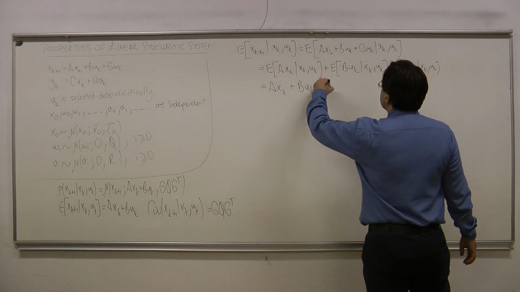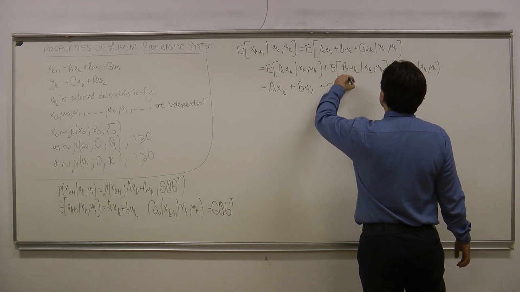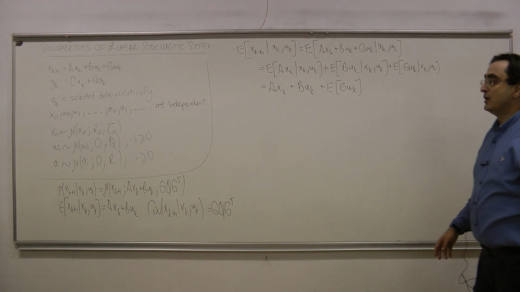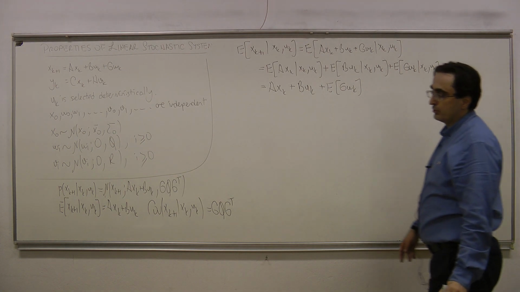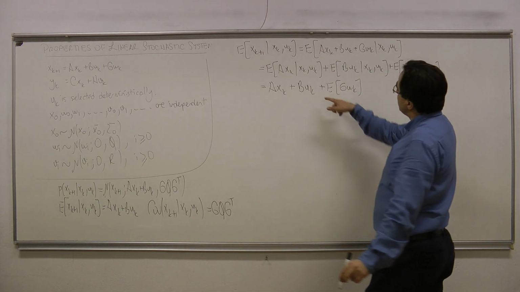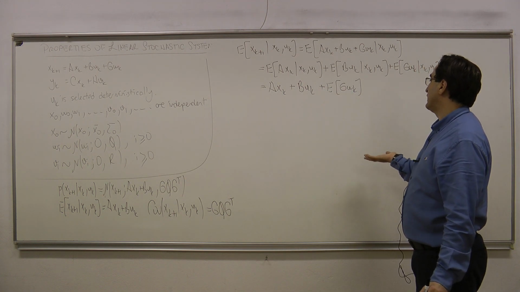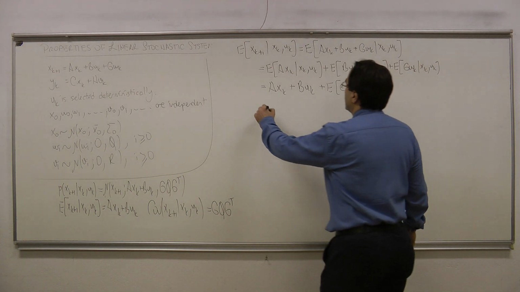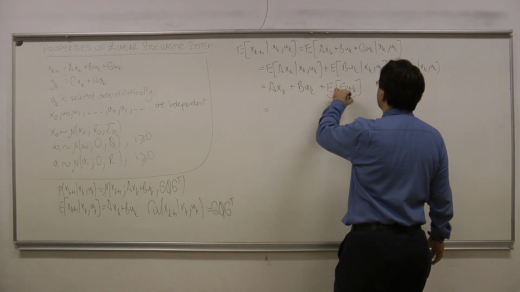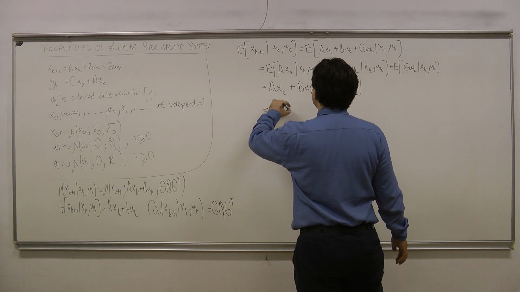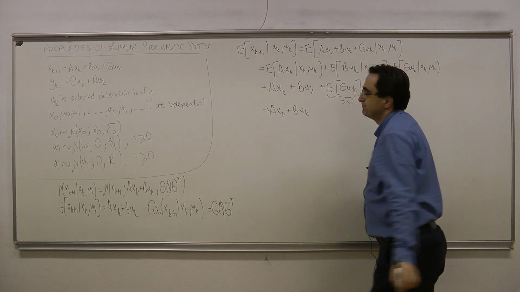That means that this is nothing but expected value of gwk itself. I can remove these conditionings. G can get outside, and I would have expected value of wk itself, which is 0. So that would give me, this is 0, axk plus buk.